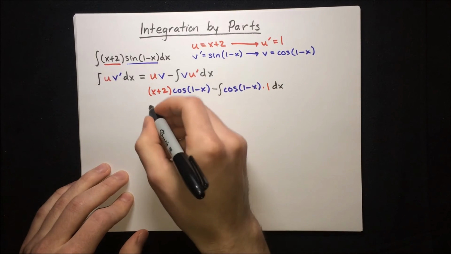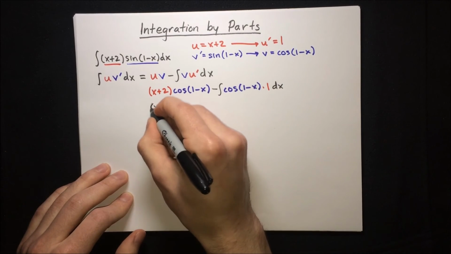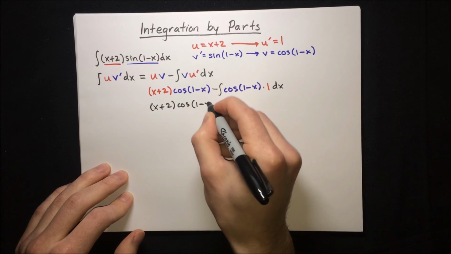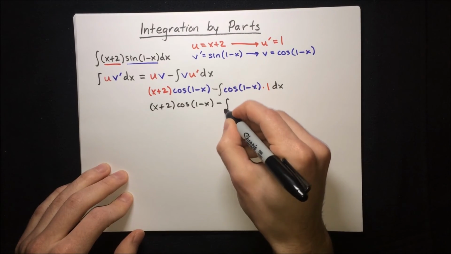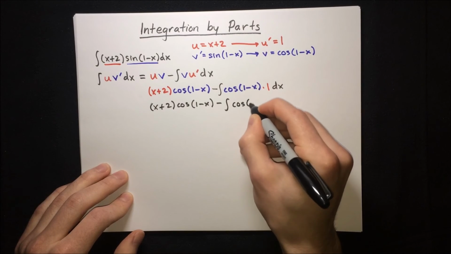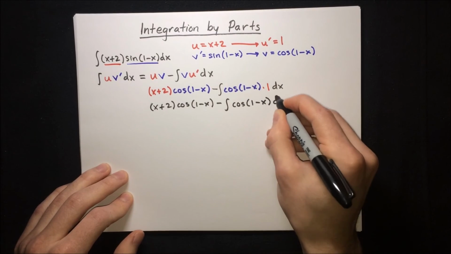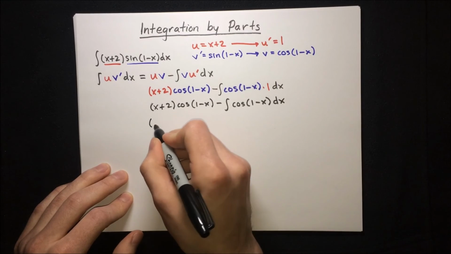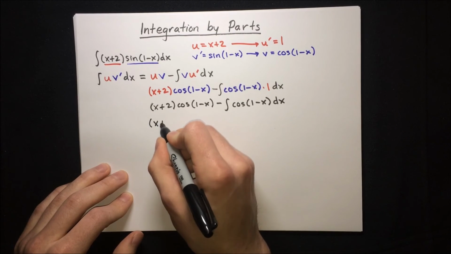So let's go ahead and simplify. So we've got x plus 2 cos 1 minus x minus the integral of cos 1 minus x dx. And this is an integral that we can solve. So let's write another line solving the integral.